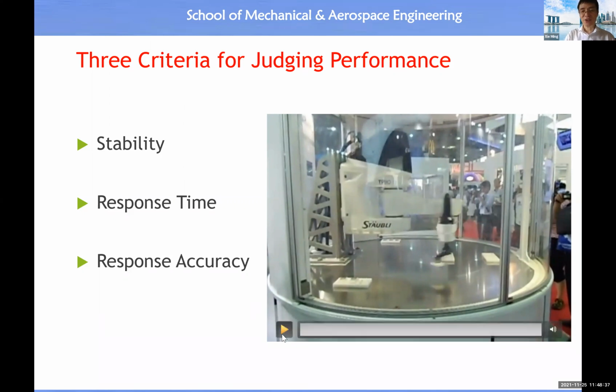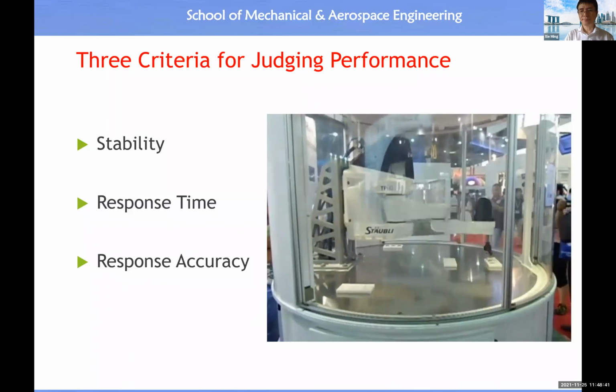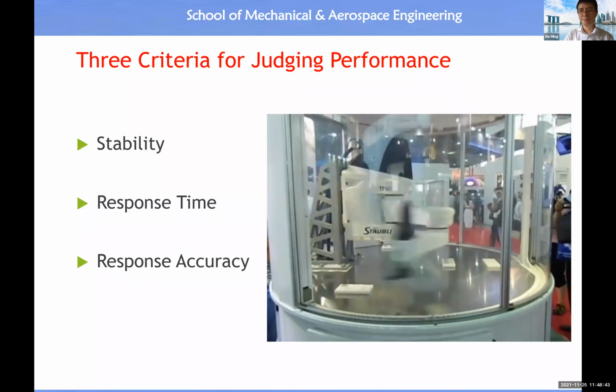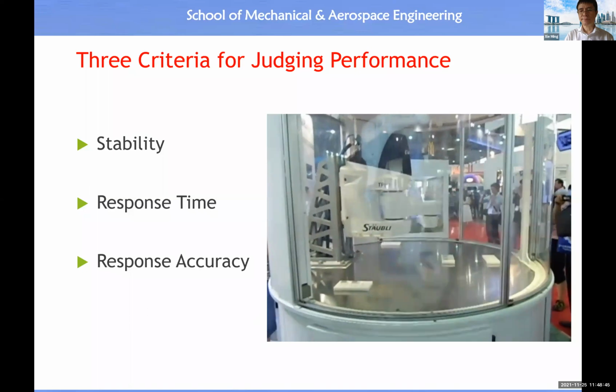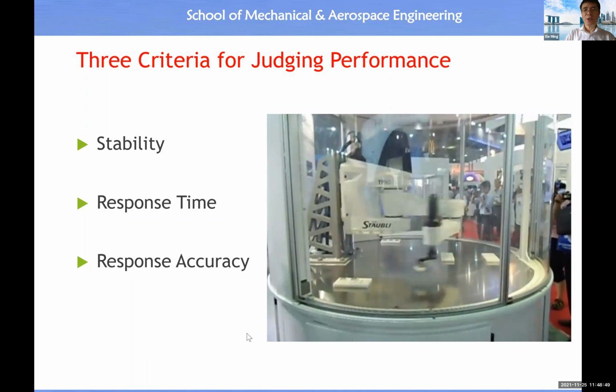So today it is achievable for us to have a very stable robot, a very accurate robot, and a very fast robot. But of course, we cannot reduce the response time to 0 seconds, so we just shorten the response time.